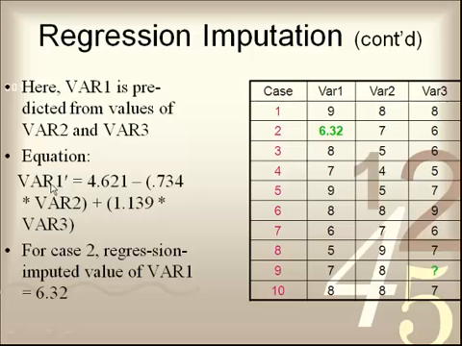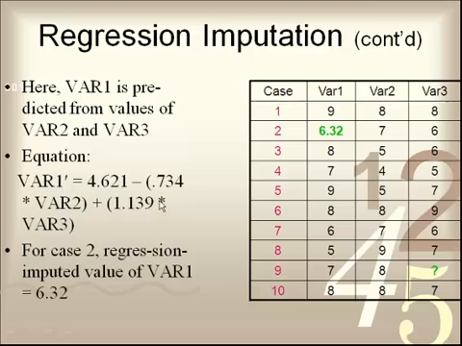So the equation for that is variable 1 equals 4.621 minus 0.734 times variable 2 plus 1.139 times variable 3. And these are your regression coefficients.